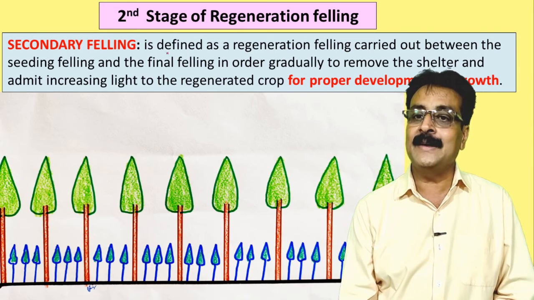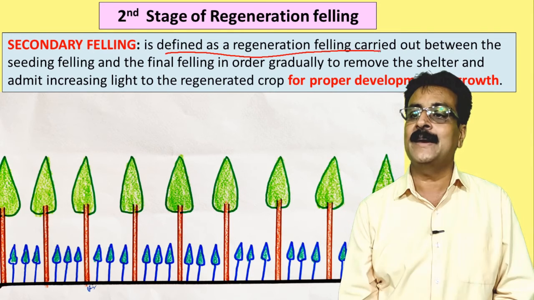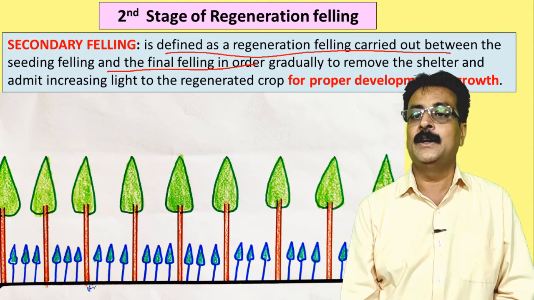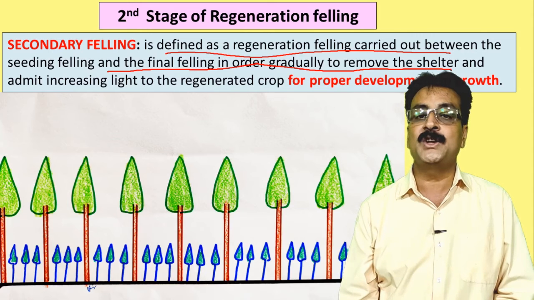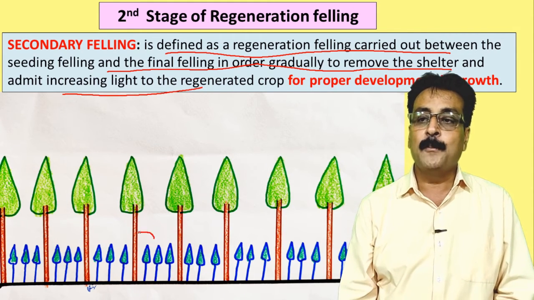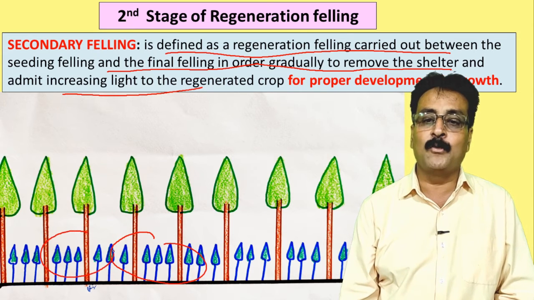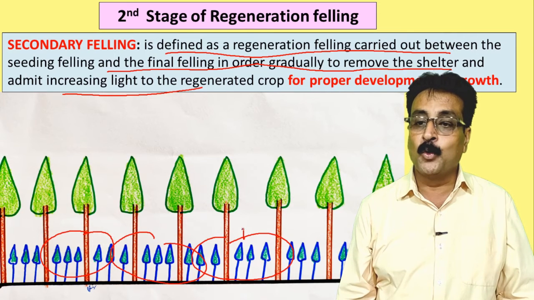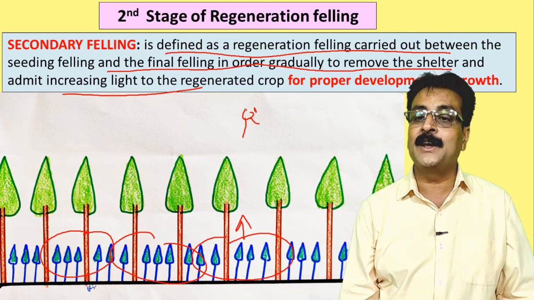Secondary felling is defined as a regeneration felling carried out between the seeding felling and the final felling, in order gradually to remove the shelter and admit increased light. For what? For proper development of the growth. Now we need this regenerated crop to grow nicely, taking advantage of light, but slowly.